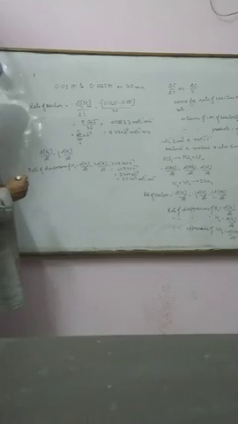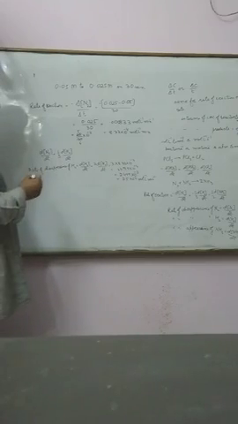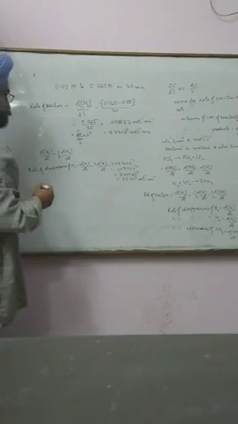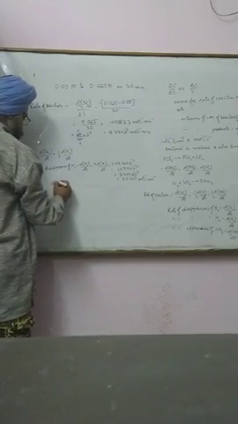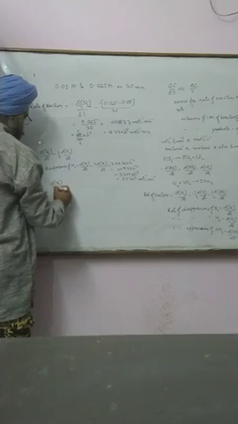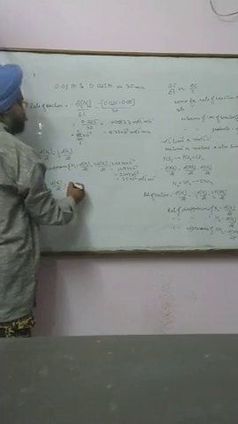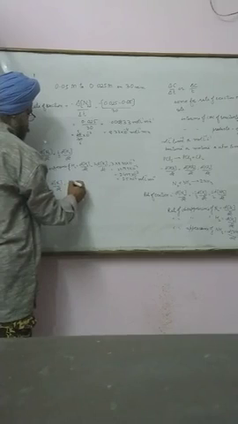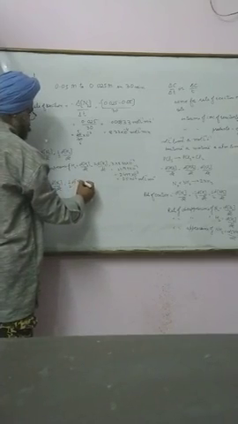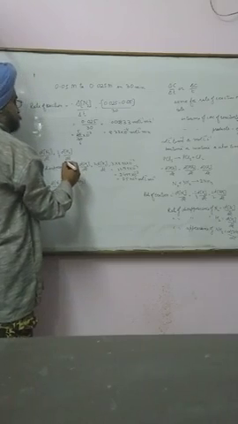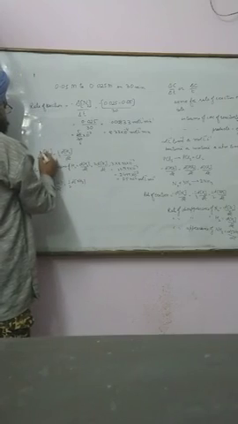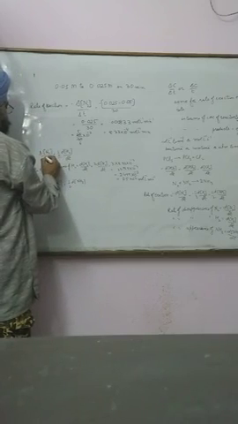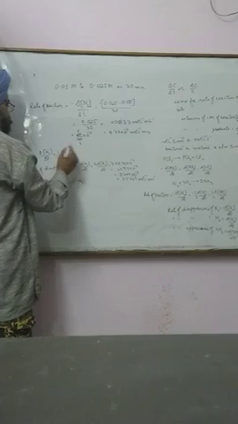Similarly, rate of appearance of ammonia, dNH3 by dt is equal to 1 by 2, sorry, delta.